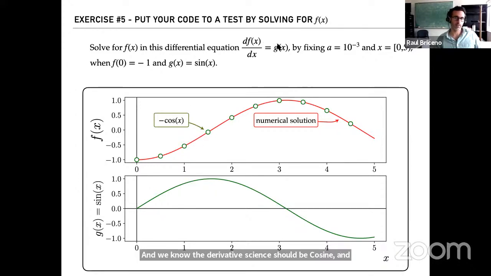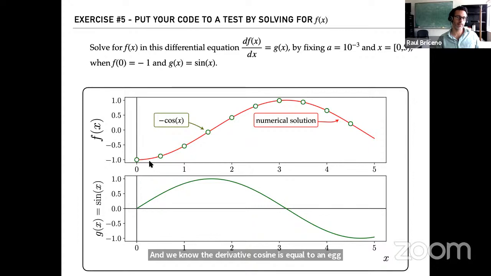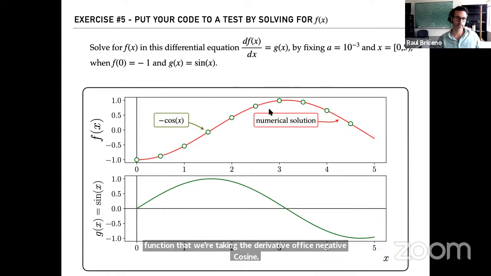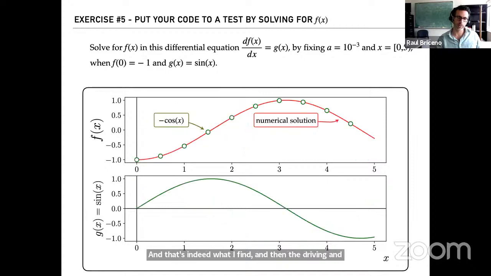The tricky thing here is that what we're given is a derivative, which I gave as sine, and we know that the derivative of cosine is equal to negative sine. So because I'm given a sine, the function that we're taking a derivative of is negative cosine, and that's indeed what I find. Also notice I have to give an original value of f, which I chose to be -1.